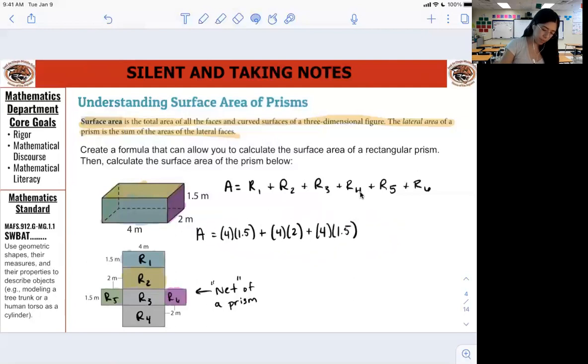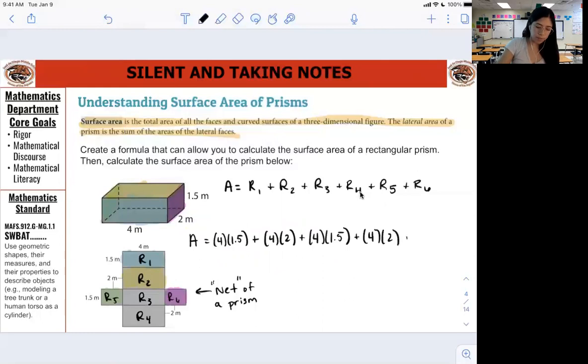Let me move this down a little bit. 2 times 4 again. R5. 2 times 1.5. And how about R6? Same thing. Good. I ran out of room, but that's 1.5.